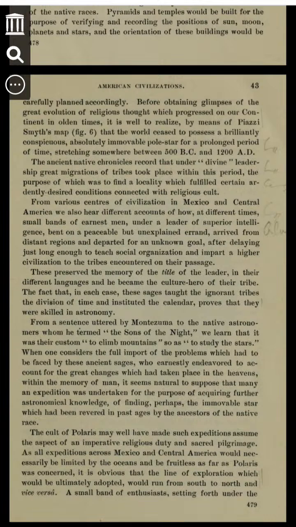That's fire. They preserved the memory of the title of the leader in their different languages, and he became the culture hero of their tribe, i.e.